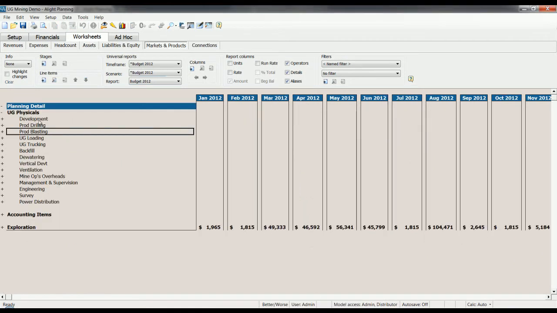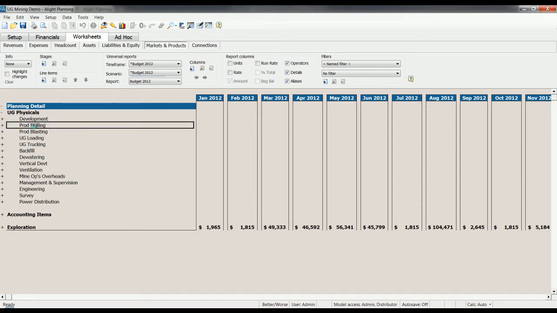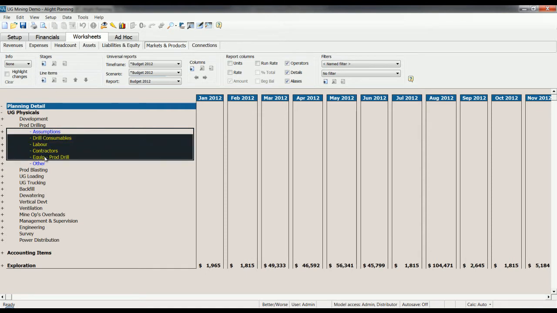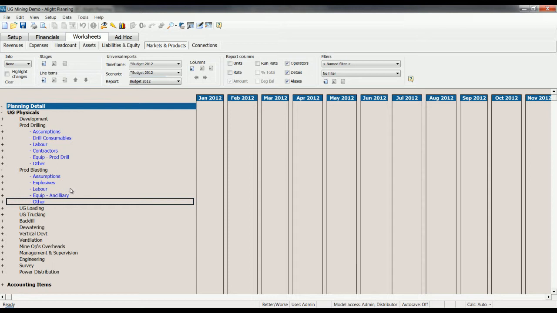Here we see that submodels have been built out for various mining activities. Drilling down into these activities, we can see various groups of assumptions regarding materials, labor, contractors, and equipment, for example. Drilling into production blasting, we can see the assumptions behind it by drilling in here.